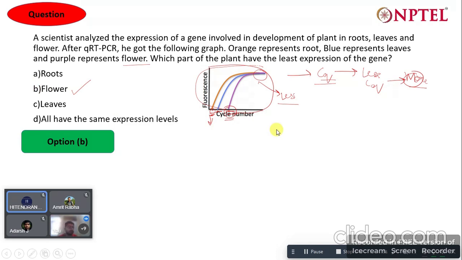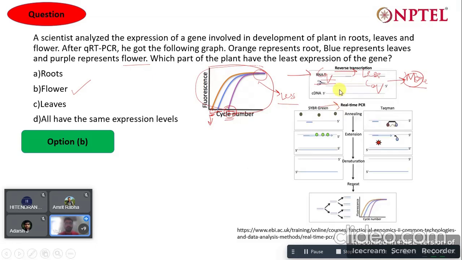Cq basically gives the number of cycles after which the gene starts to amplify. This can be understood with this figure. We have the RNA isolated and we generated cDNA out of that using reverse transcription.